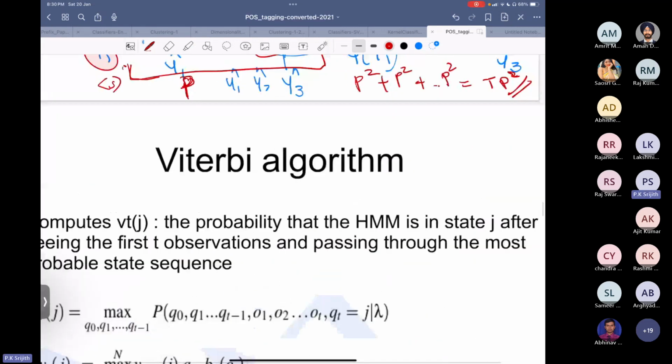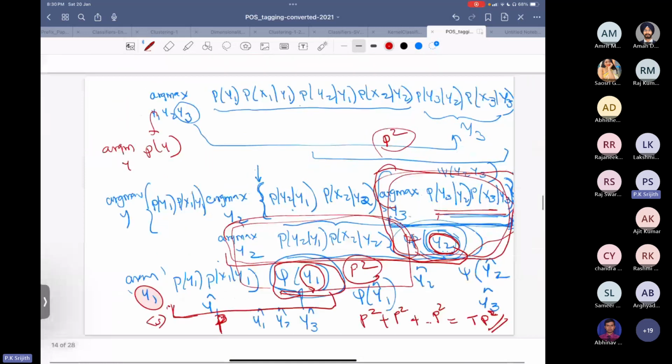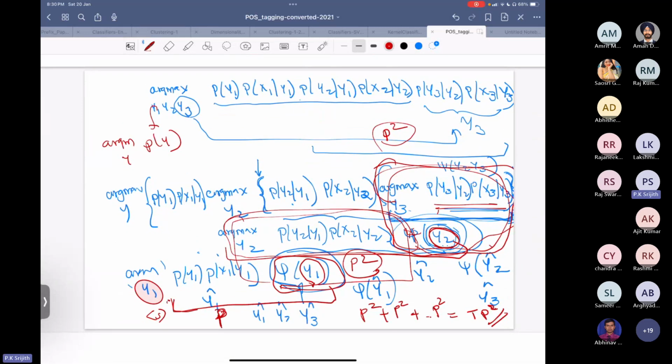So here in this example that we have considered, I performed this argmax over y3 first, and then I performed it with respect to y2, and then with respect to y1. You can think of doing it in the reverse direction also.